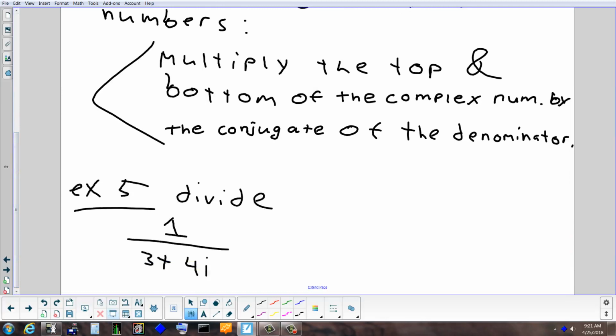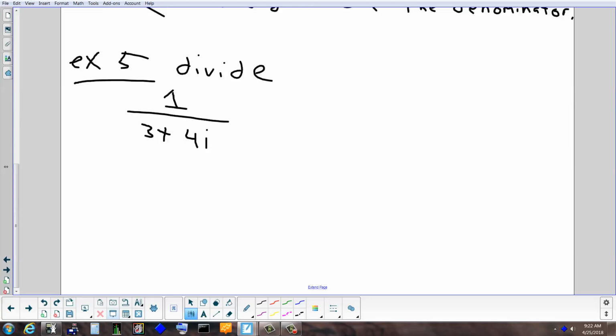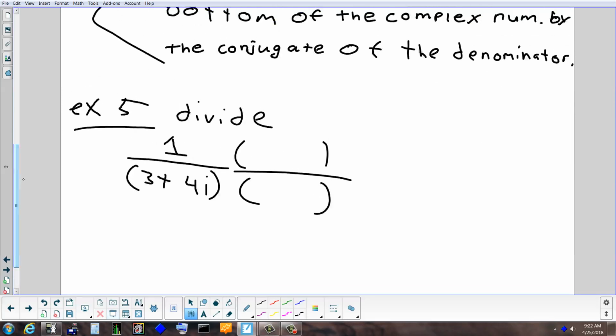The directions say multiply the top and the bottom by the conjugate of what's in the bottom. So what I like to do is put parentheses so I don't forget to distribute. What's the conjugate of 3 plus 4i? Colby? 3 minus 4i. Yep.